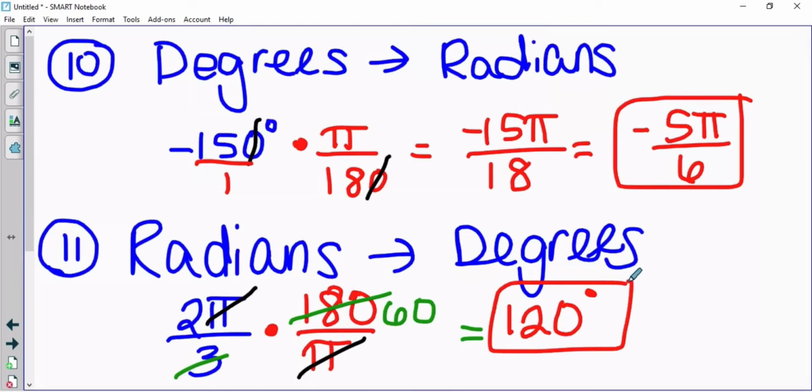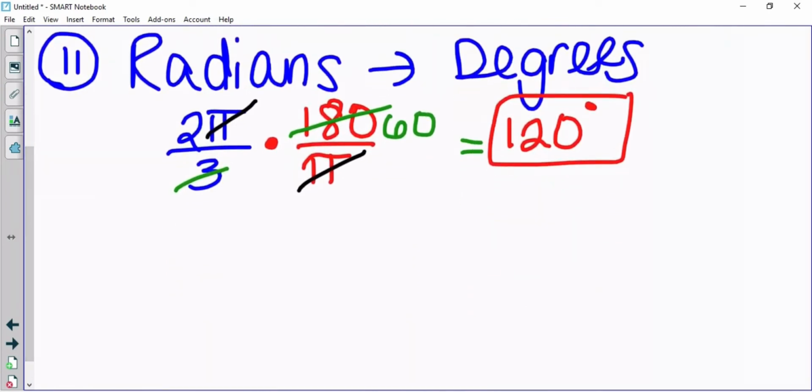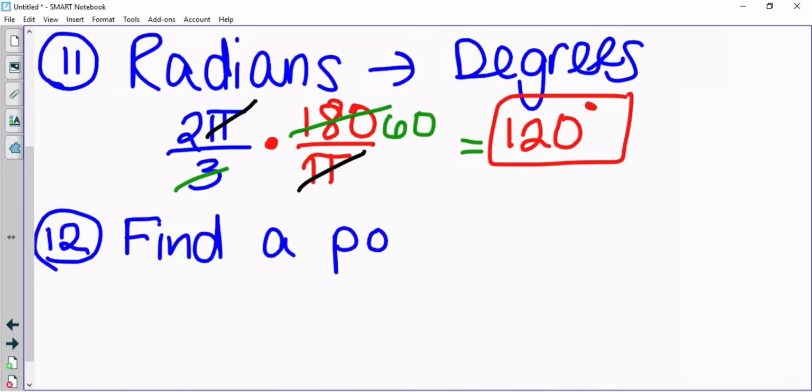Okay, the last review problem that we're going to do before we get into some new material is problem number 12, and the directions are find a positive and negative coterminal angle.